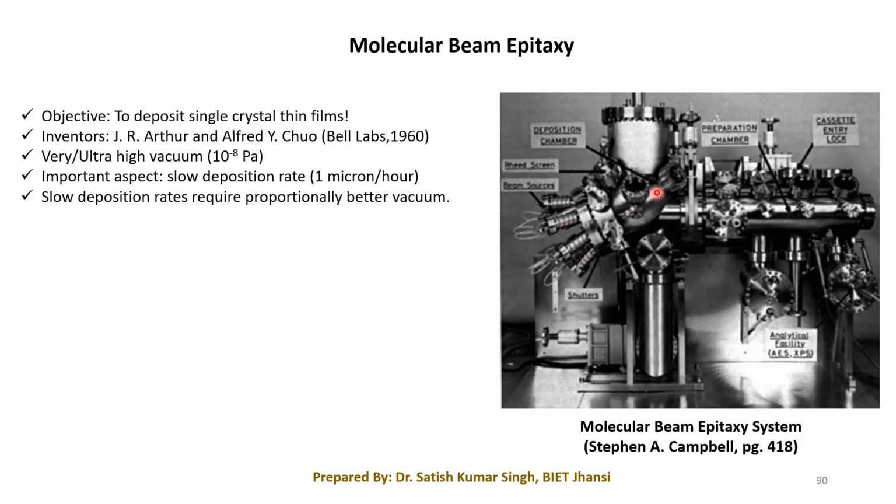Somewhere in the system we have to place our substrate, and these beams can go towards this substrate only once we open the shutter. So this shutter will be acting like a control mechanism.